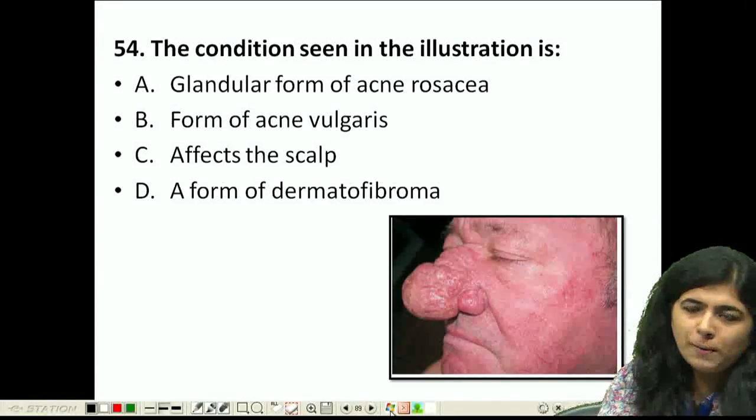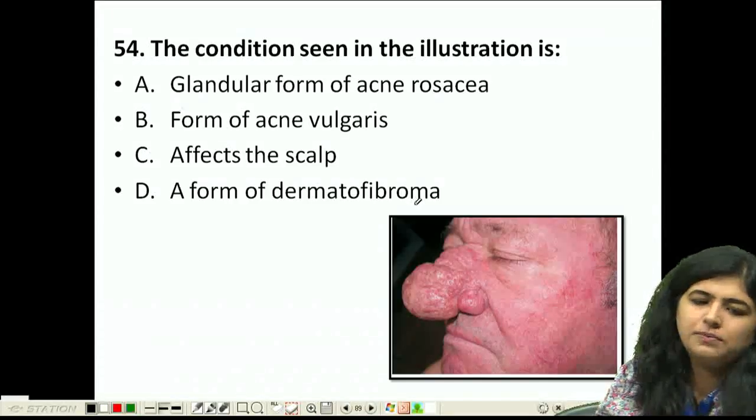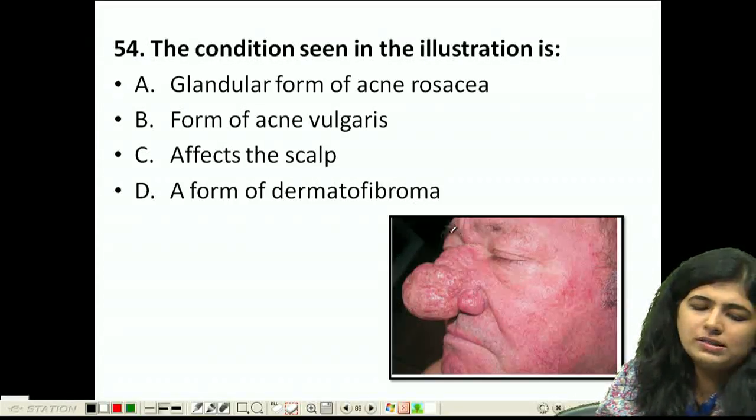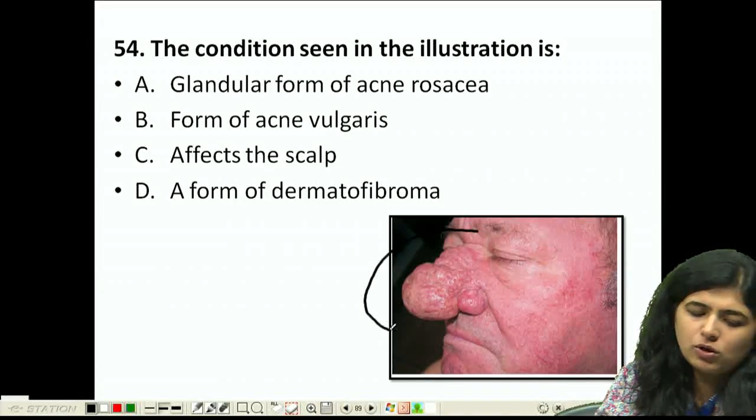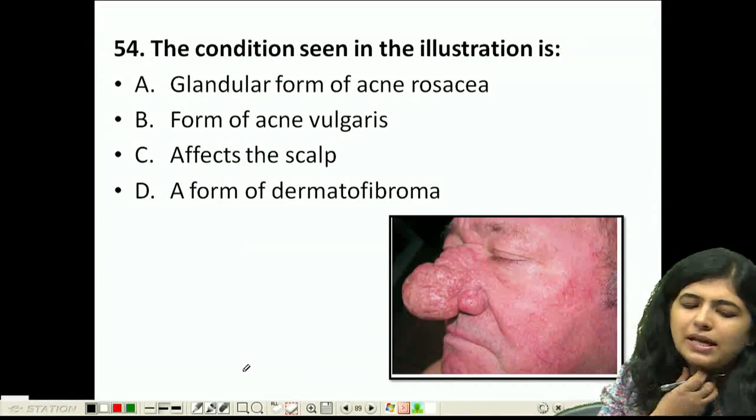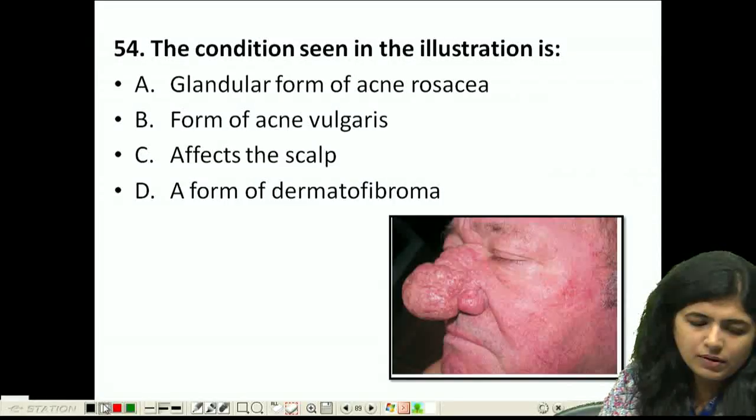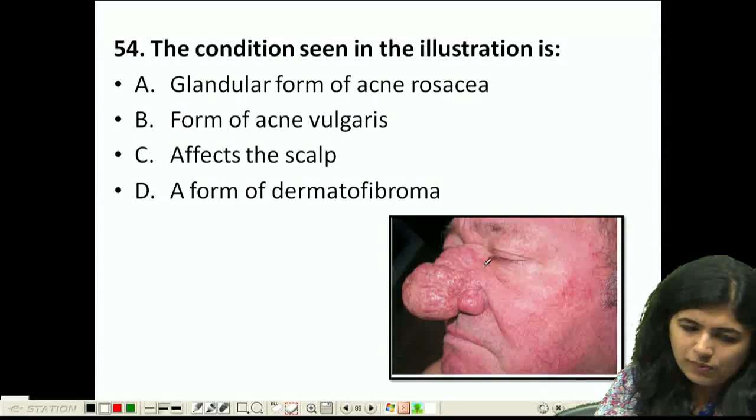Question number 54. The condition seen in the illustration is. What is the illustration? Again, a totally image-based question. See what the image is telling you. Nose is involved.